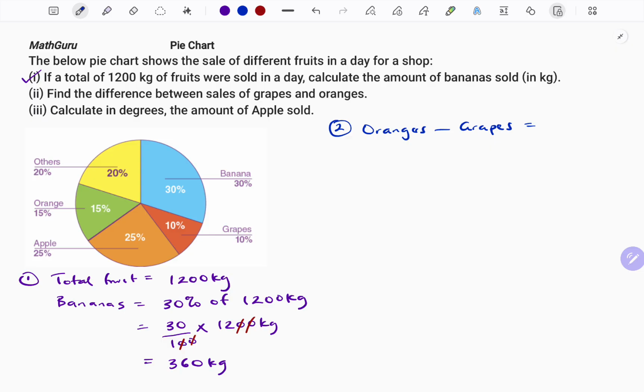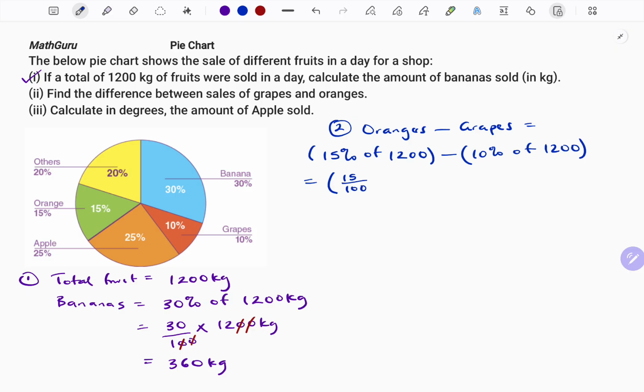So oranges, that's 15%. I'm going to use the bracket. I have 15% of the total kilogram of fruit sold, that's 1,200, minus grapes, 10% of the total number of fruit sold, 1,200, all in kilograms, and that will give me 15 over 100.